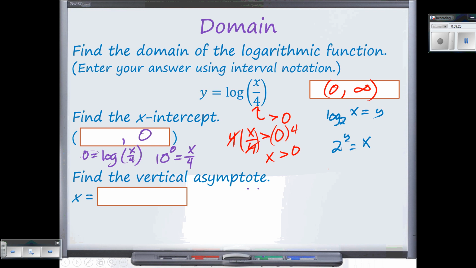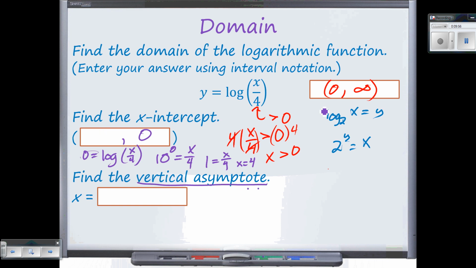What's 10 to the 0? What's 20 to the 0? What's 563 to the 0? Remember, anything to the 0 power is 1. So no matter what, this is now 1. So I have 1 equals x over 4. If I multiply both sides by 4, I'm going to get x equals 4. So 4 is my x-intercept.